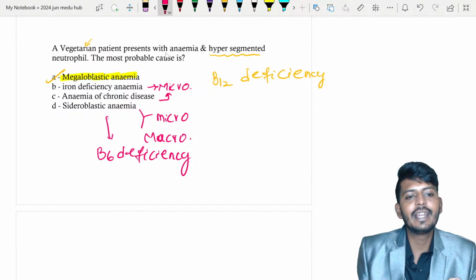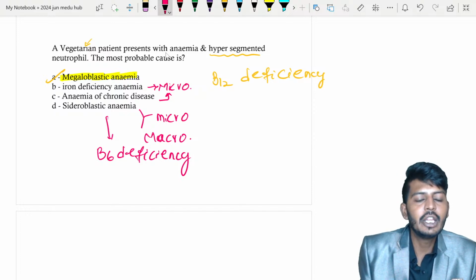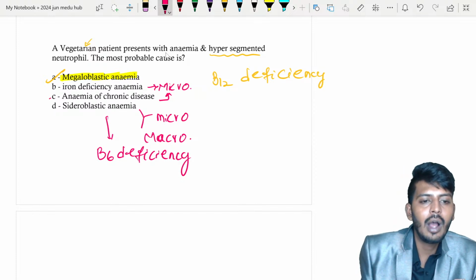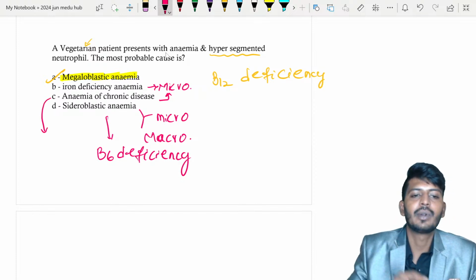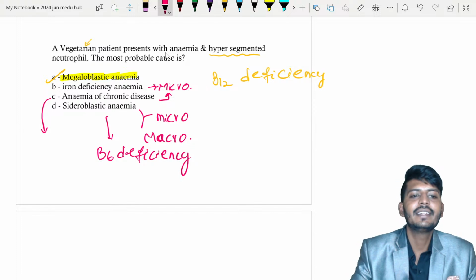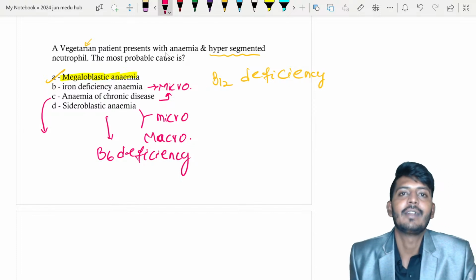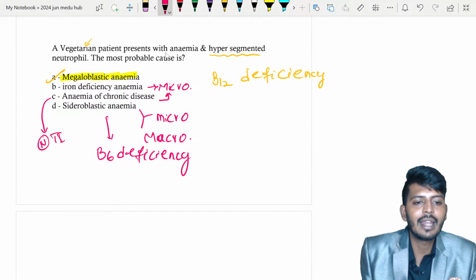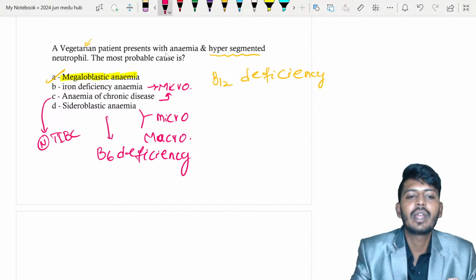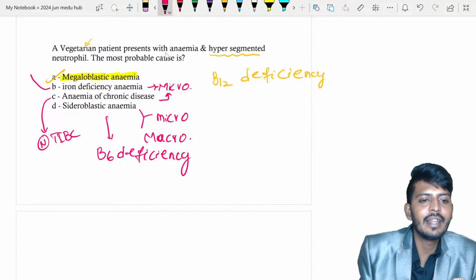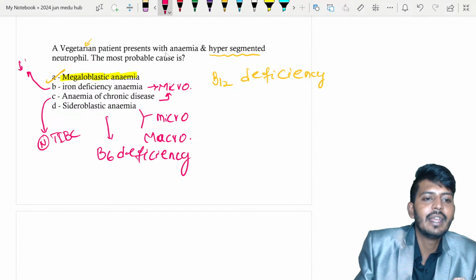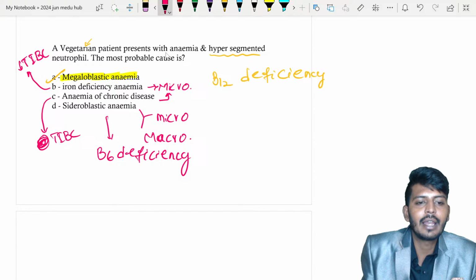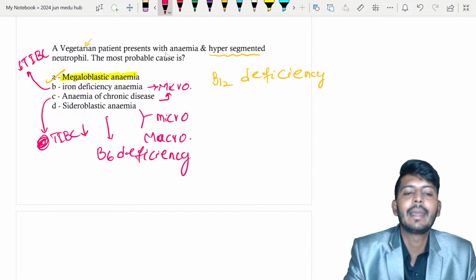So anemia of chronic disease and iron deficiency anemia, in these two also you should remember, anemia of chronic disease. What is that? We use TIBC levels to check. In anemia of chronic disease, there can be normal total iron binding capacity. But in iron deficiency there is an increase of TIBC, and here there will be normal or even decreased total iron binding capacity.